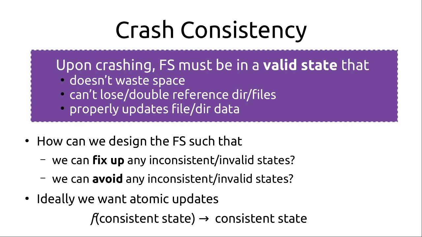I mean like the bitmap is not updated, or the indices are not updated to reflect that a bitmap for allocation has been updated. You can't double reference directories or files when they only think that they have a single reference. You can't lose references to directories or files. You must properly update all of the file and directory data, etc., right? So these are all the things that we would think of as our file system being in a valid state.